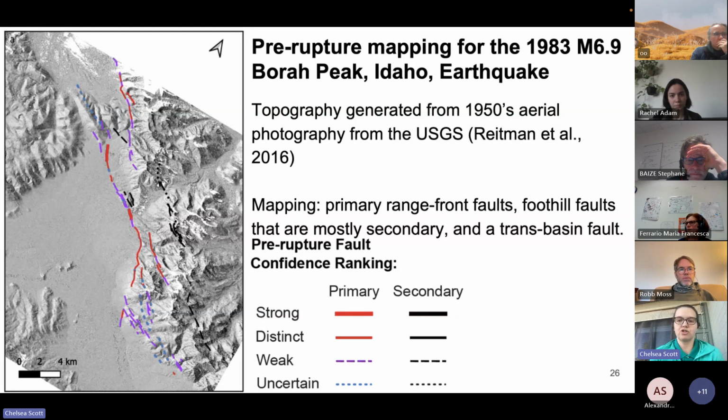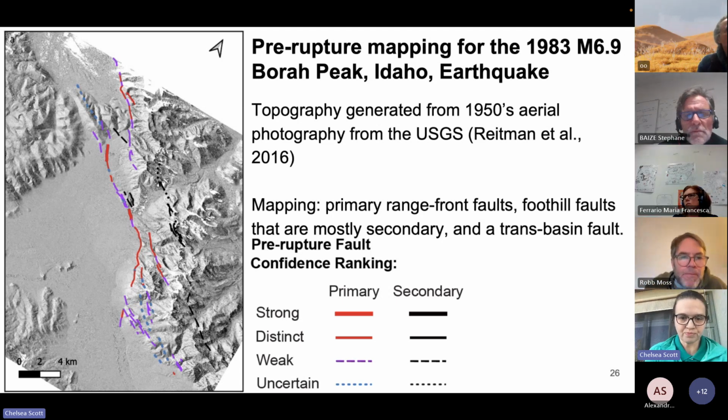This example here shows a topographic hillshade generated from 1950s aerial photography that was collected by the United States Geological Survey. And in the fault mapping, we asked the students and the professionals to label the faults as primary or secondary, and then with a confidence ranking of strong, distinct, weak, or uncertain.